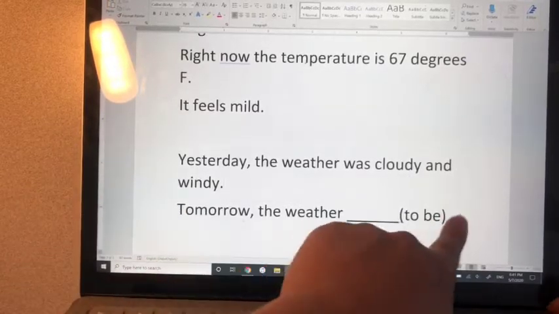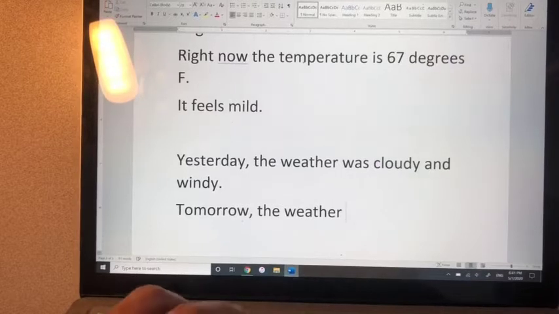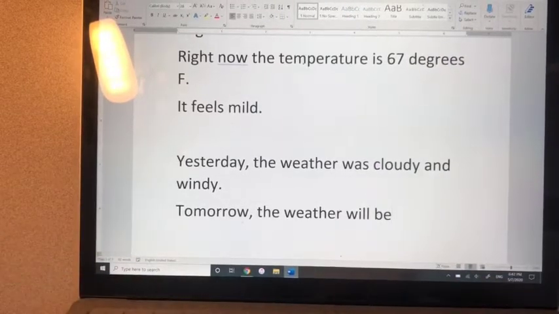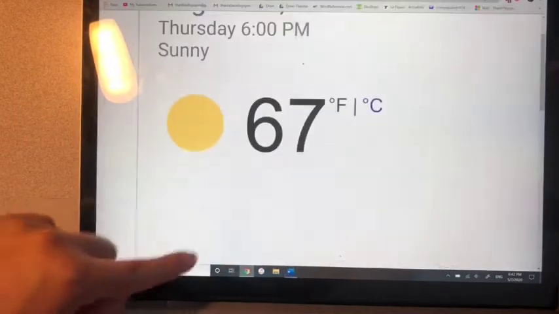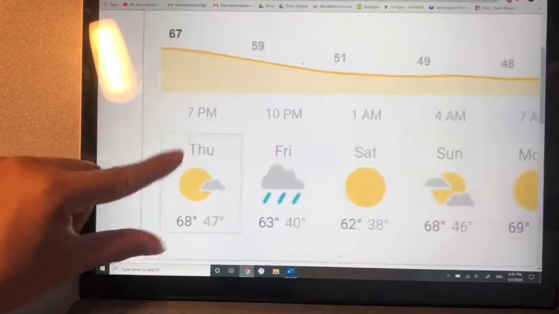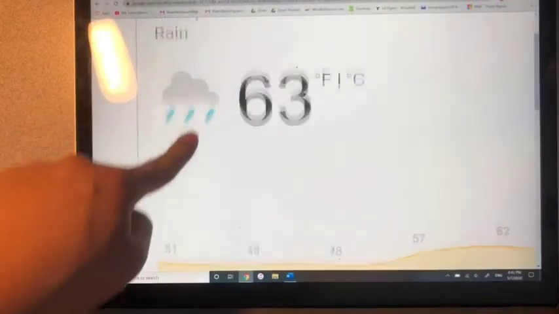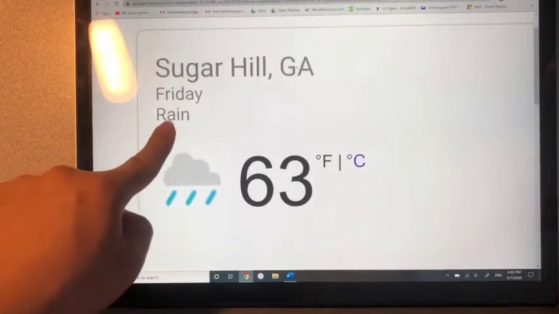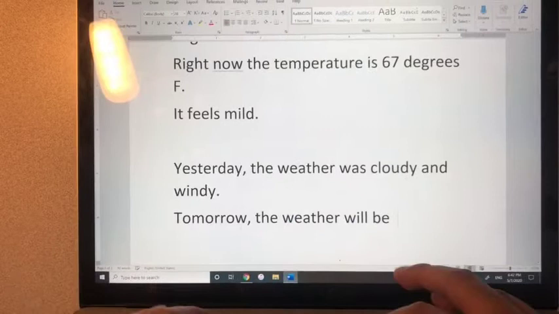Tomorrow, when we use to be in the future, we say tomorrow the weather will be, well, let's see. Today is Thursday. Tomorrow is Friday. So it says rain for tomorrow, rain for Friday. So tomorrow the weather will be rainy.